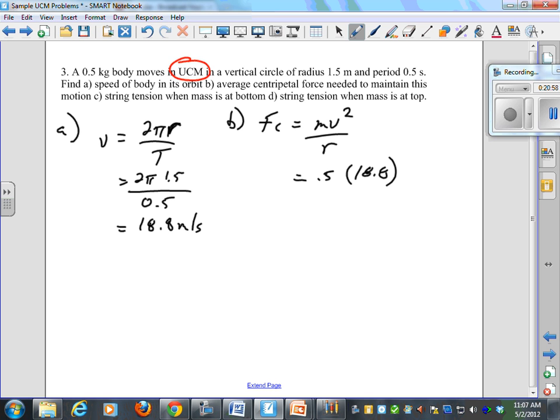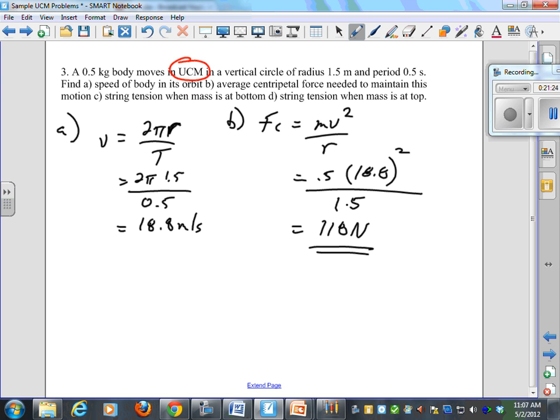Now, because that speed changes, that's why we get an average force. Because it's average speed. If you don't use the average, you could only find acceleration. And that gives you 118 newtons.